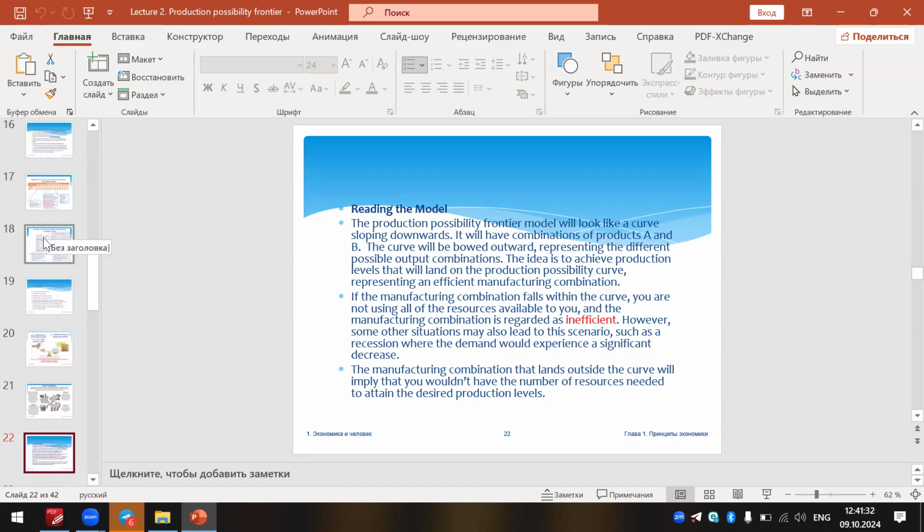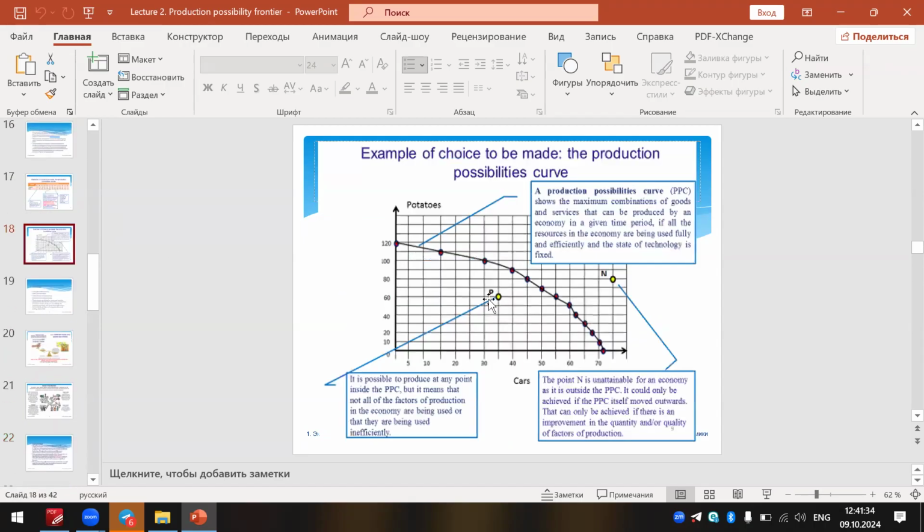So you see, if it slopes down, it means the quality of services, the parity and equality of resources that we use for different alternative goods and services. And if it's not efficient, a non-efficient combination of resources is also used there.